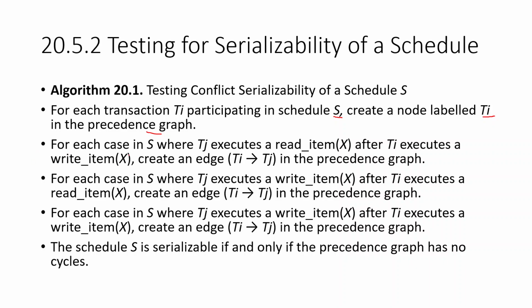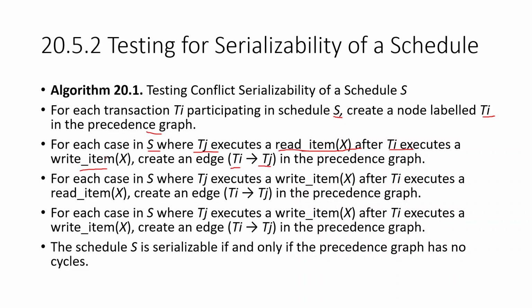So for each case in the schedule where Tj executes a read item after Ti executes a write item, you have to create an edge from Ti to Tj. Ti executes a write X first, and after that Tj executes a read.